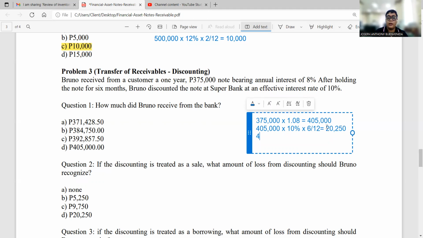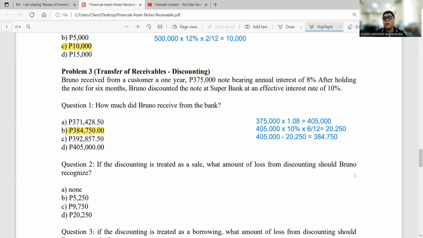Okay, so we deduct that, no, ang discount sa maturity value, i-minus ta na ang discount sa maturity value, then makuha naton ang cash nga na-receive ni Bruno from discounting its note. So minus 20,250. So it's 384,750. Letter B.